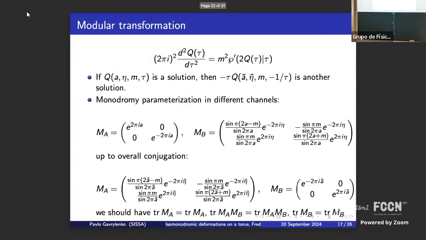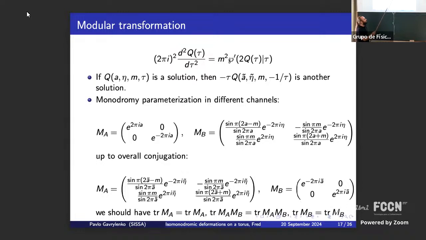Okay. So now about the modular properties of this problem. If we just look at this equation, we can notice that there is a transformation of Q, which originally we can write as a transformation that represents the theta function.